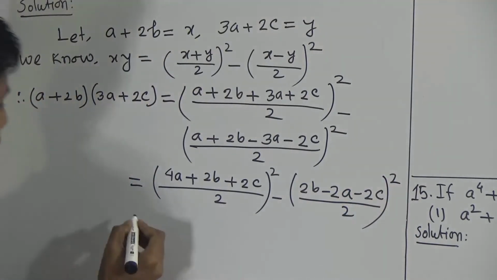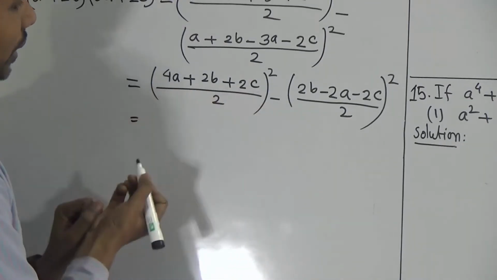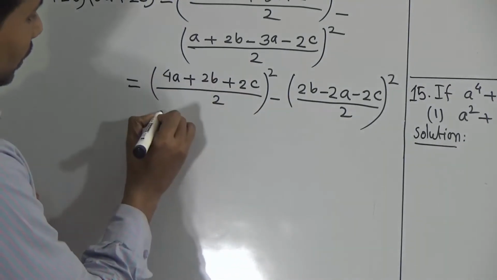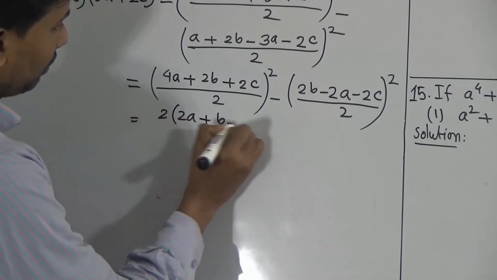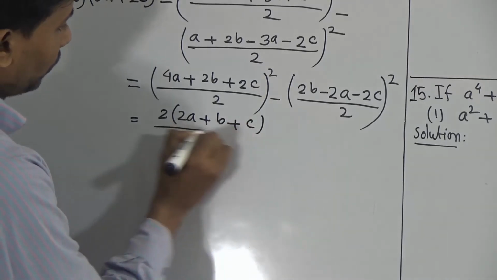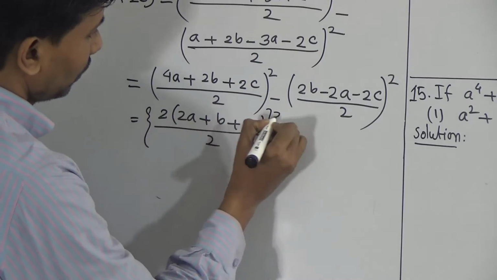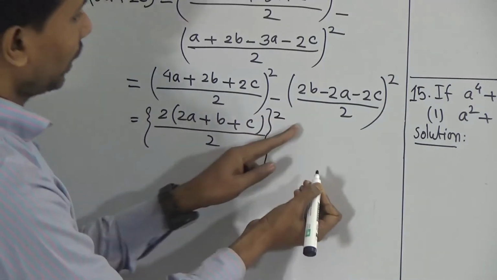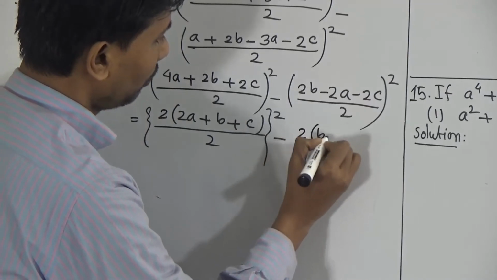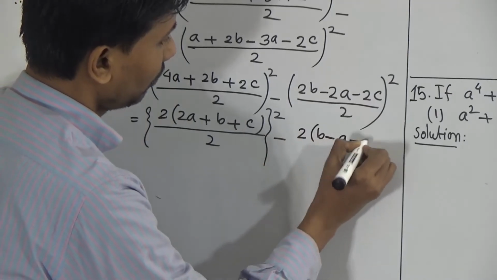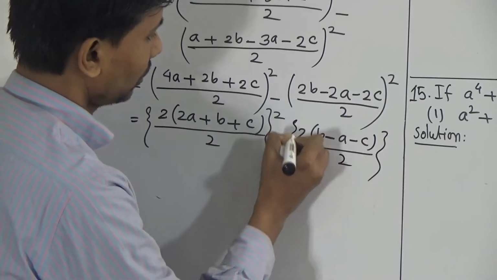Okay, now you see 4a, 2b, 2c, here 2 is common. Then you take 2 common, then 2a plus b plus c by 2 whole square, minus, you see here 2 is common, then we get b minus a minus c by 2 whole square.